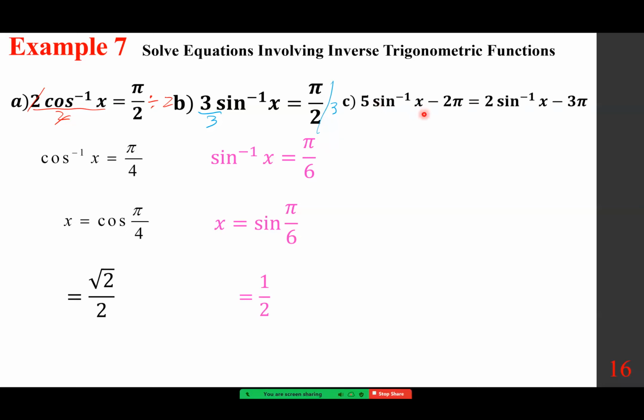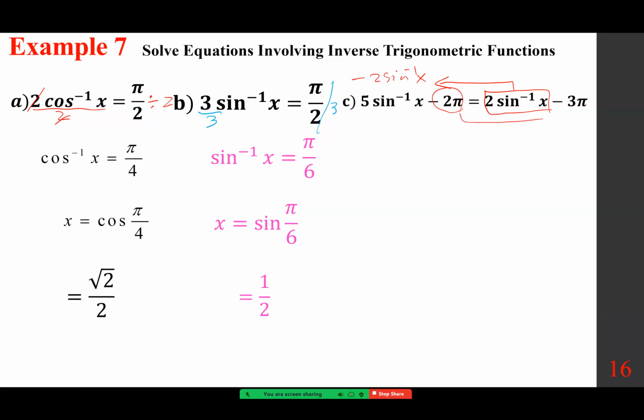Five sine inverse of x minus 2 pi equals 2 sine inverse of x minus 3 pi. So I hope you see that the sine inverse terms are identical, so we can move things around as follows. If I move this way, it becomes minus 2 sine inverse of x.